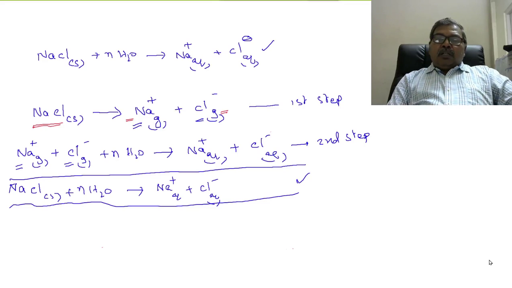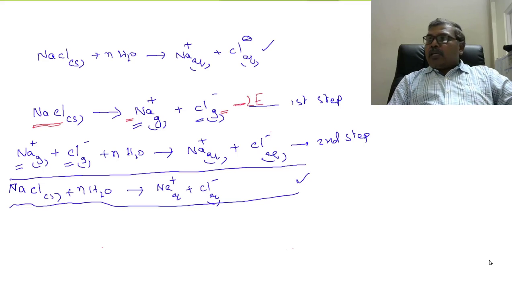So, what is lattice energy? It is the amount of energy required to split 1 mole of ionic solid into its constituent oppositely charged gaseous ions. So therefore, here energy change is minus lattice energy.